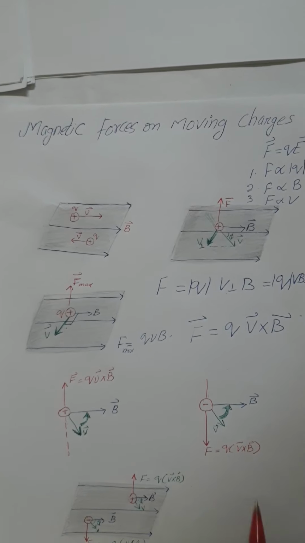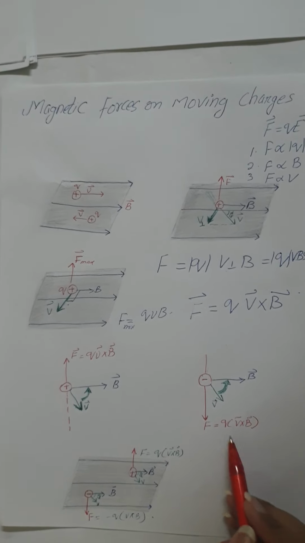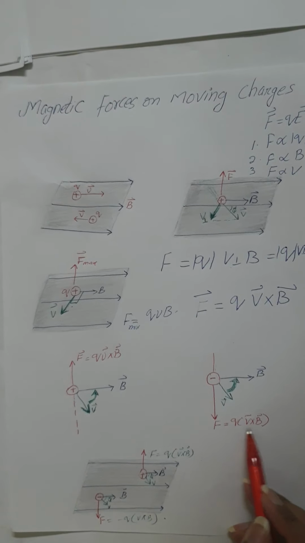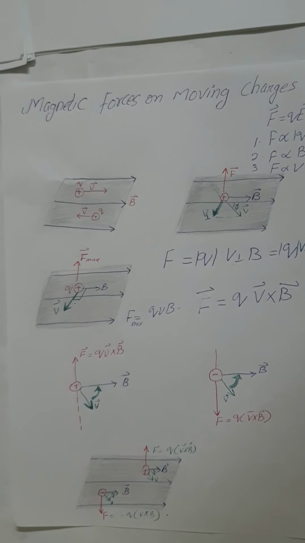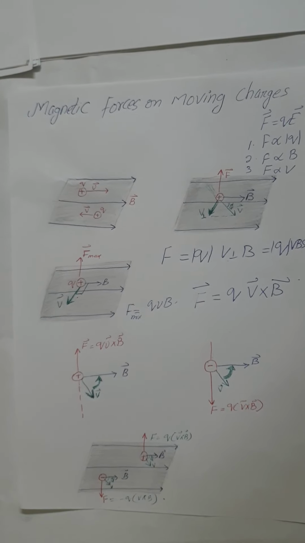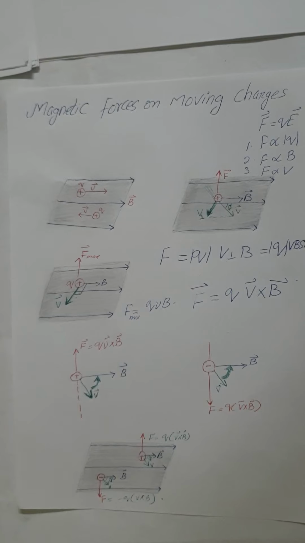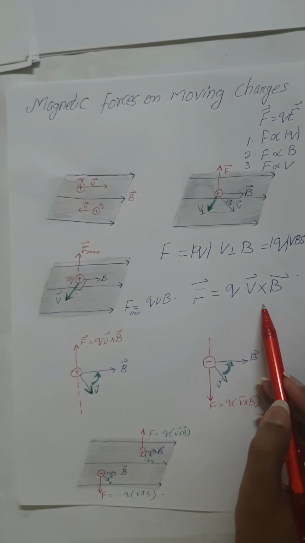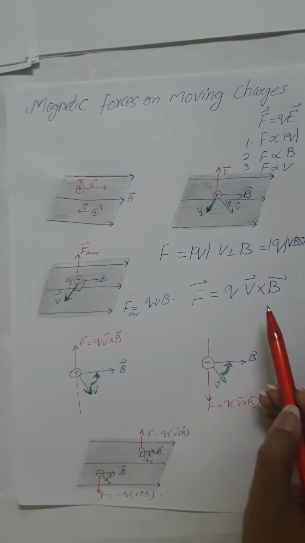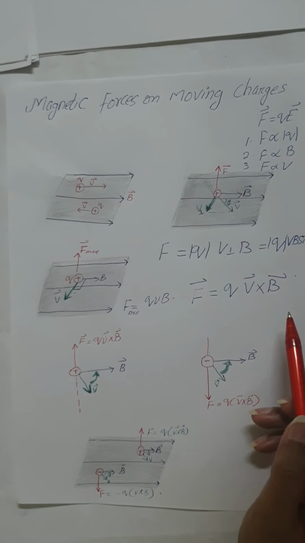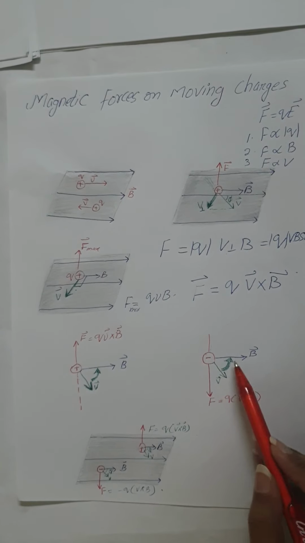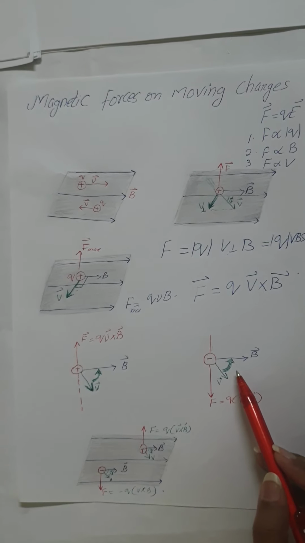There are several vector products which we are going to study in magnetism, but this is the first one. This equation is valid for both types of charges, positive and negative. When the charge is negative, the direction of the force is opposite to that of this v cross B.